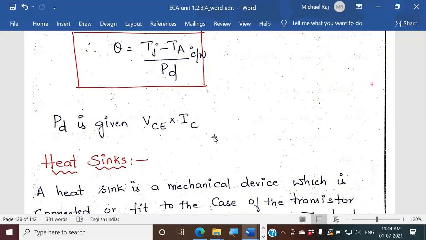There is a theory called thermal runaway. Due to the power dissipation, heat is generated. That heat further increases the power dissipation, because the transistor parameters are affected, and ultimately the transistor is damaged.